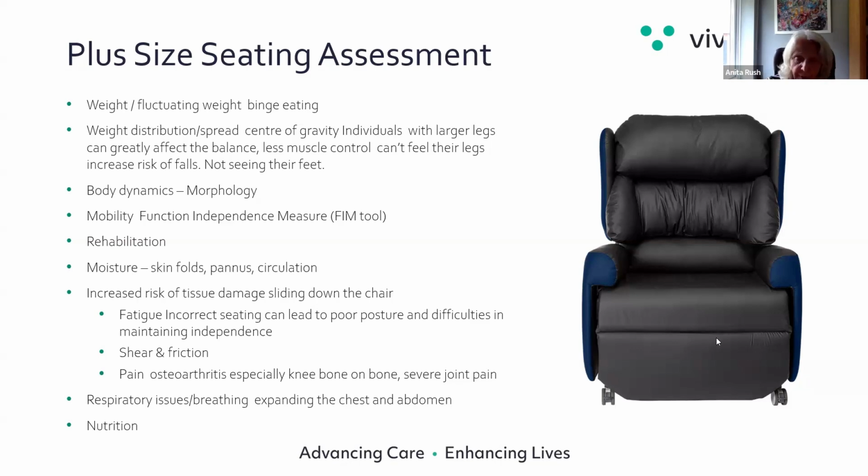So you're going to get shear and friction there as well. You've also got pain, osteoarthritis, especially in the knee bone, and severe joint pain. So they're going to be wriggling about if they can, with all these extra shear and friction, weight and pain as they're sitting in that chair.